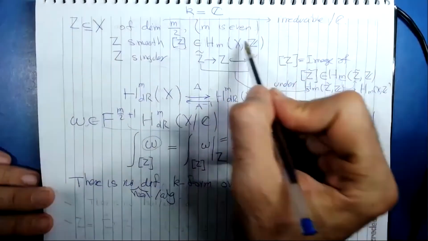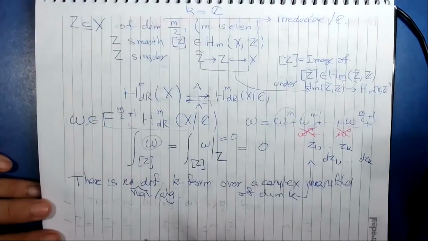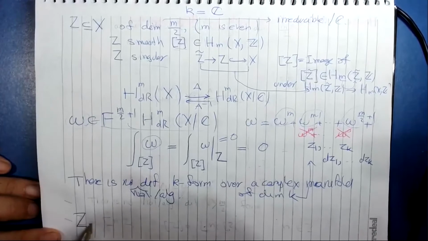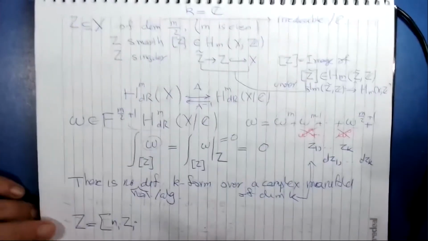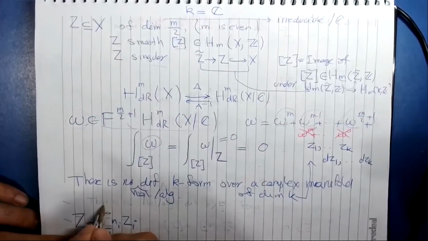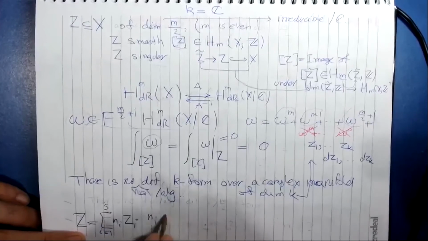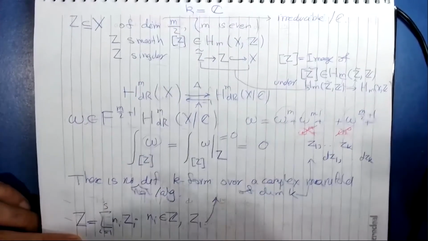So I assumed that my algebraic cycle Z is irreducible, but actually this is not necessary. We can take an algebraic cycle the sum of n_i Z_i, from i equal 1 to s, where the n_i are integers and the Z_i are as above.